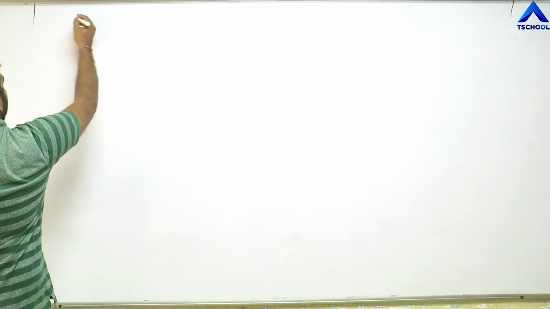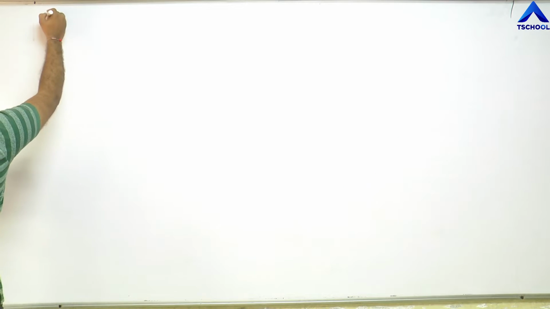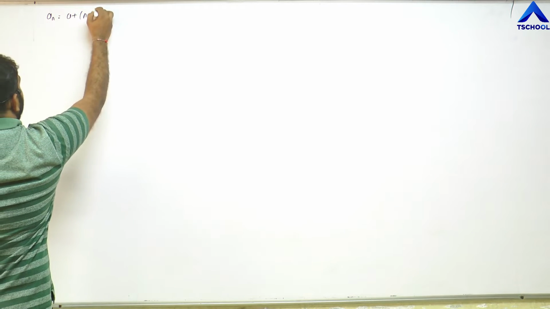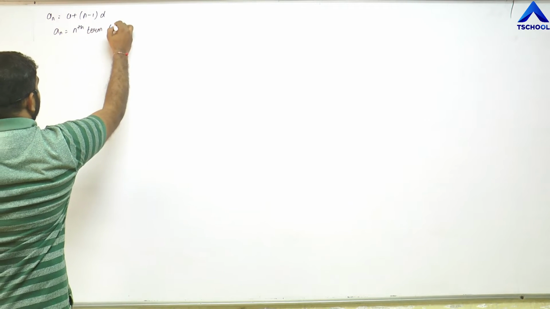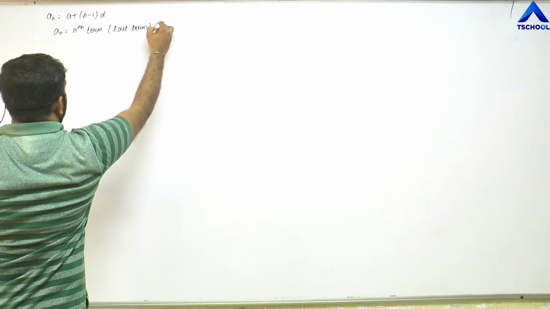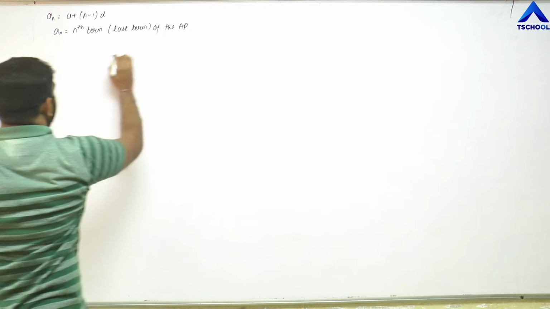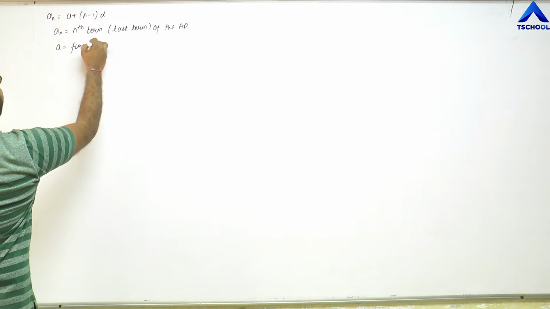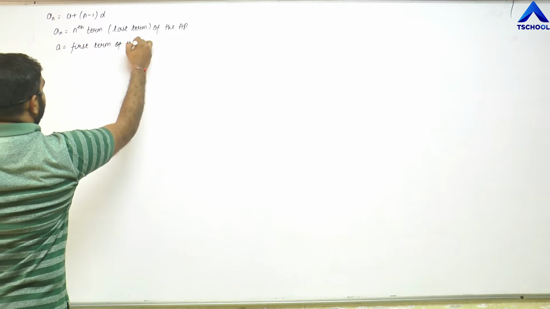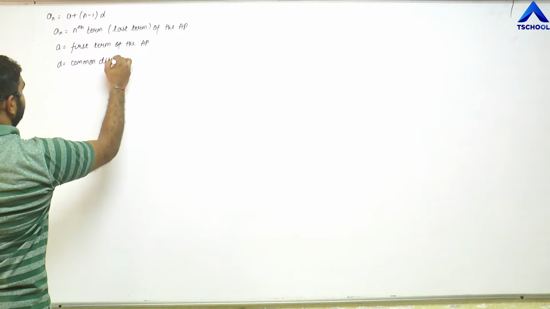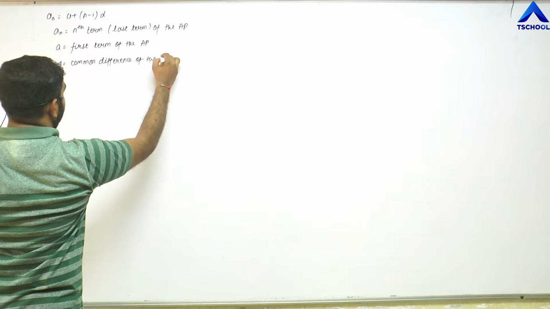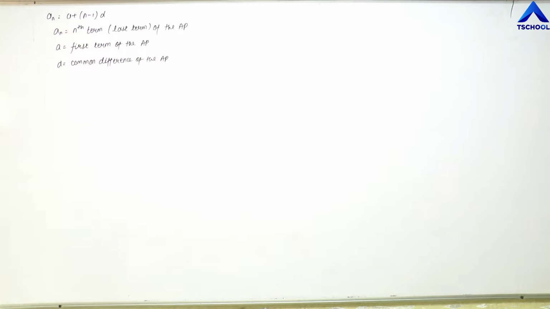Let us quickly recall the formula: an equals a plus n minus 1 into d, where an is the nth term, or you can also call it the last term of the AP, a is the first term of the AP, and d is the common difference of the AP.